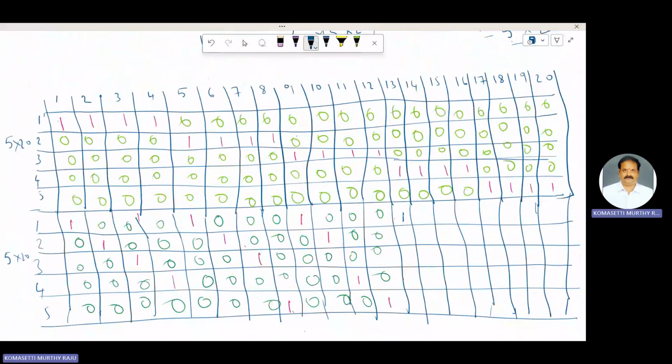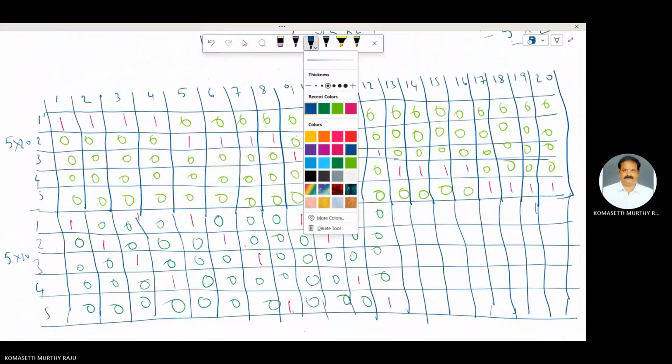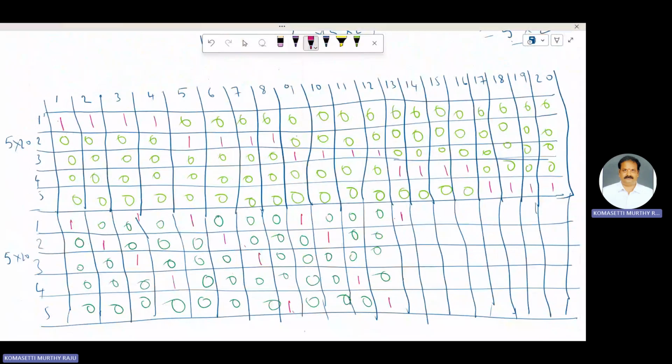For the 13th column, one here. The total number of weight per row WR is 4. How to maintain that? WC is equal to 1 here. WR is equal to 1, 2, 3, 4.